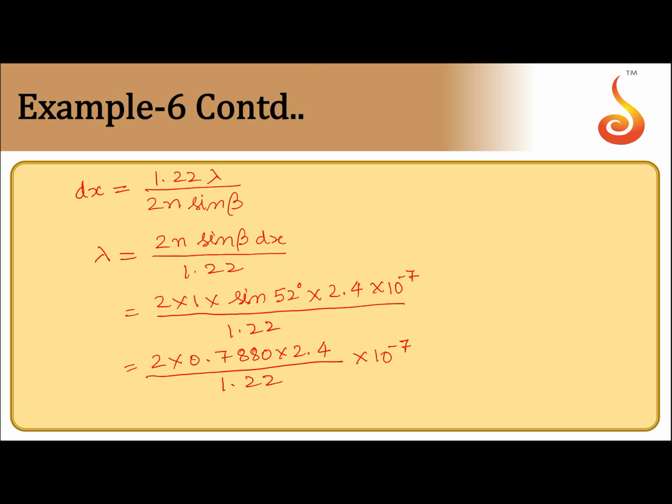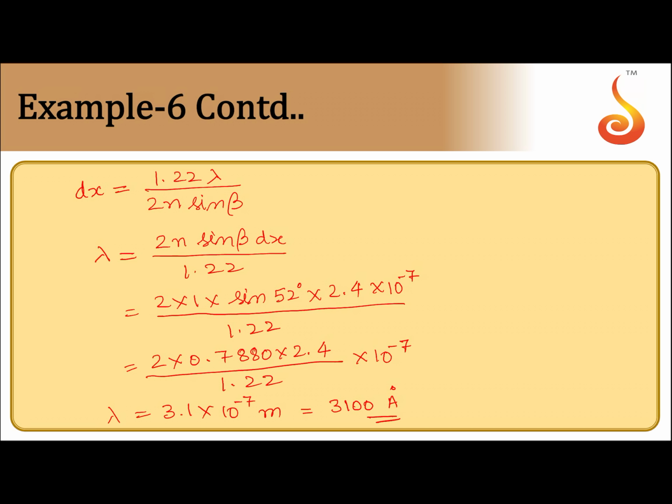It will give you 3.1 into 10 to the power minus 7 meter. That is equal to 3100 angstrom.